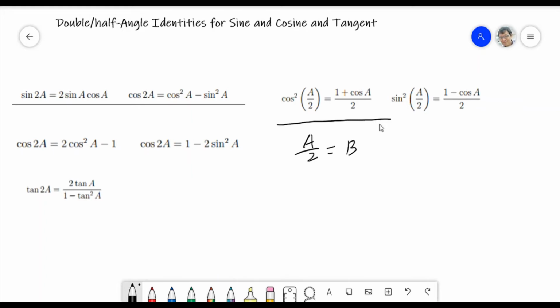So now what we want to find is b, right? A equals 2b. Now let's look at this one, okay? We can use this formula here.